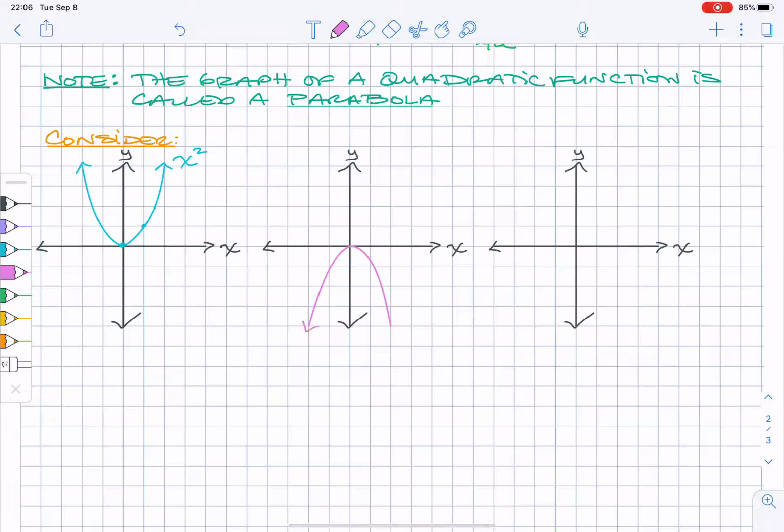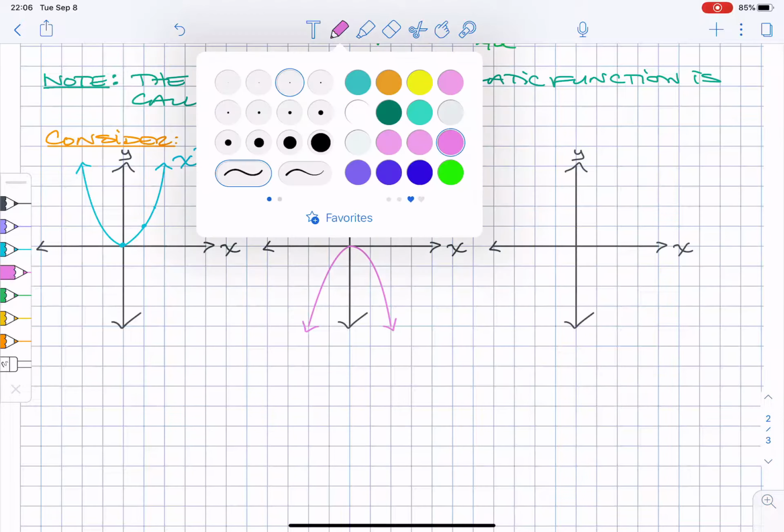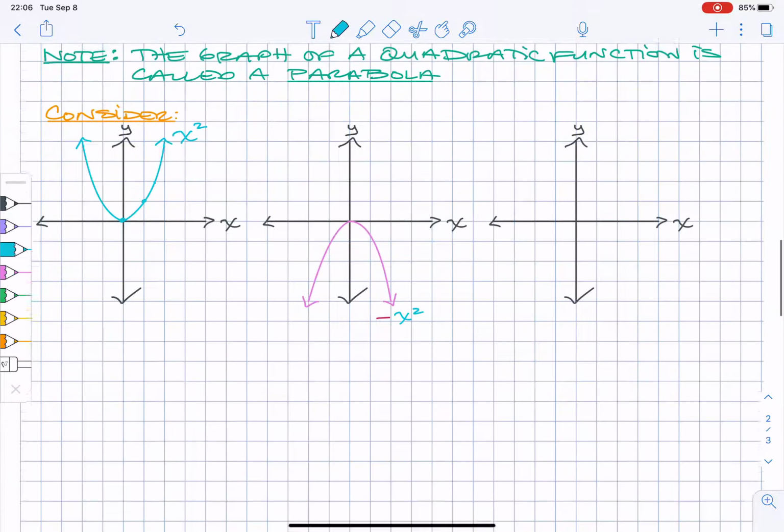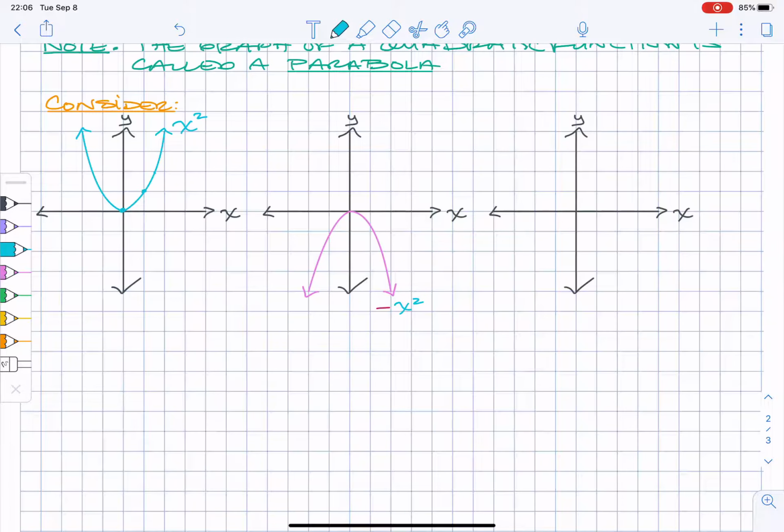Okay, so this would be the graph of negative x squared. And then we can move that graph anywhere we like. We can shift it h comma k.